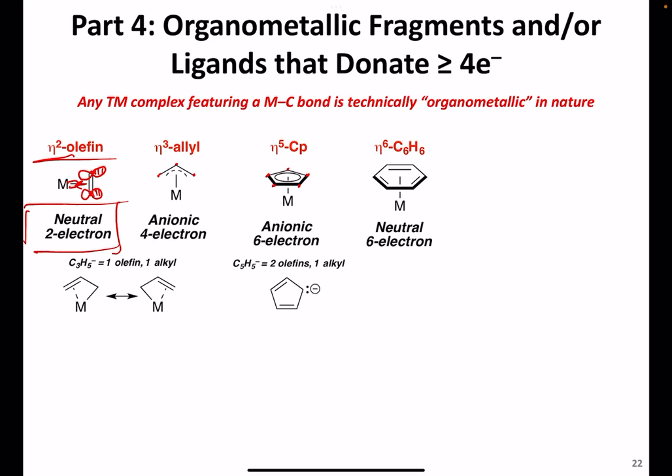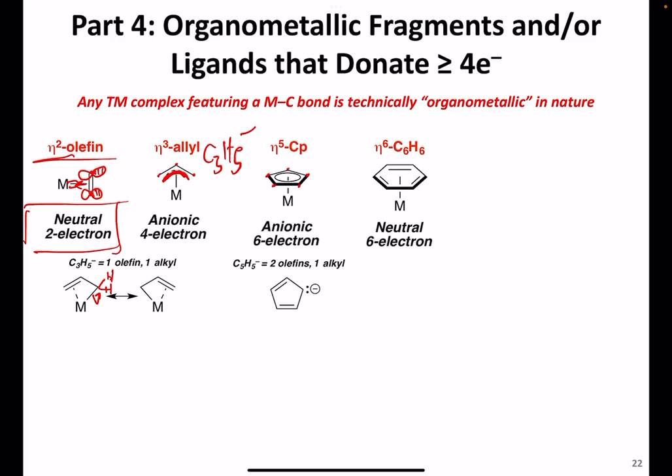The eta-3 allyl, on the other hand, is an anionic 4-electron donor. So how is this C3H5 minus piece an anionic 4-electron donor? Well, what's really going on here is this swoop represents a delocalization of electron density. So there's 2 competing resonance structures shown here, in which you have an olefin bound as a neutral 2-electron donor and a carbanion bound as an anionic 2-electron donor.